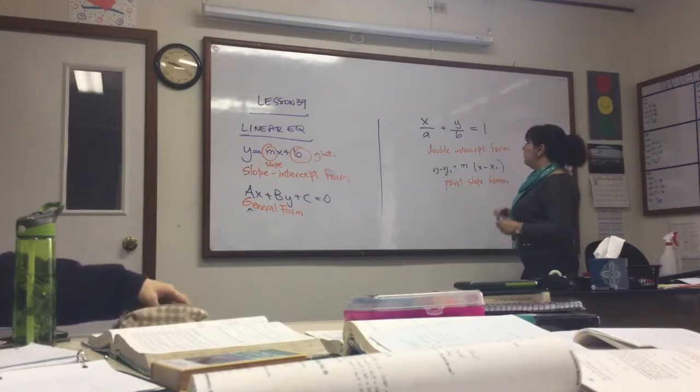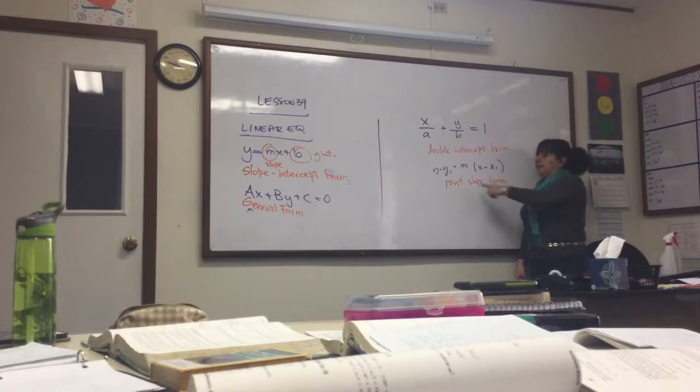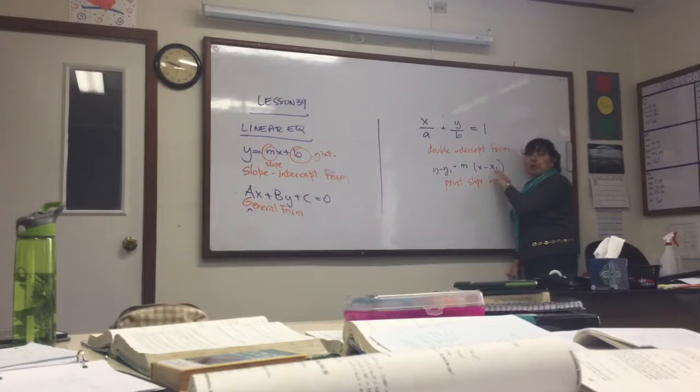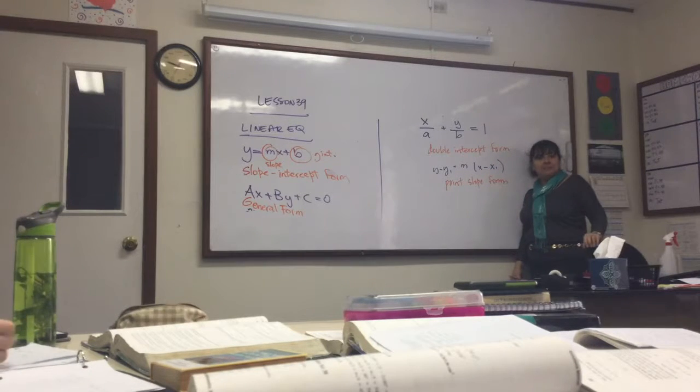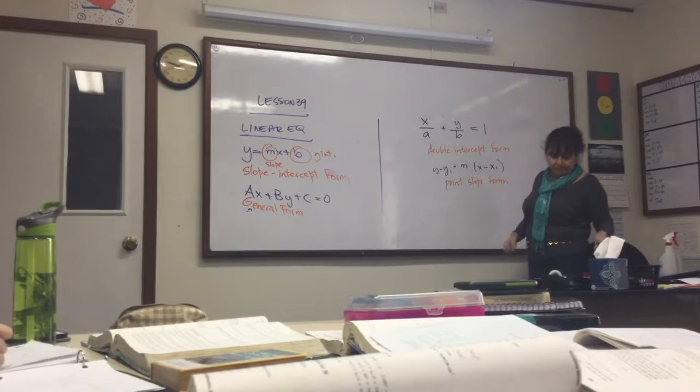Remember, there's some problems where they give you a slope and a point. This gives you the equation of the line directly. You just substitute the point in y1 and x1, you've got the slope, and then you've got the equation of your line, okay? You no longer have to find the slope and do everything that you did before.